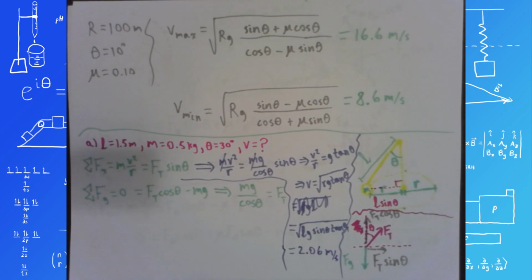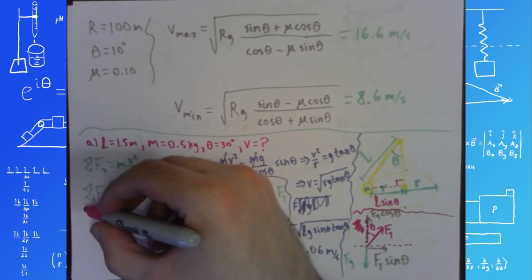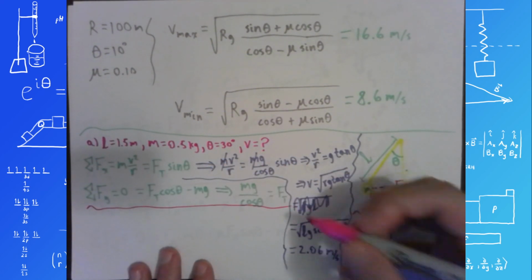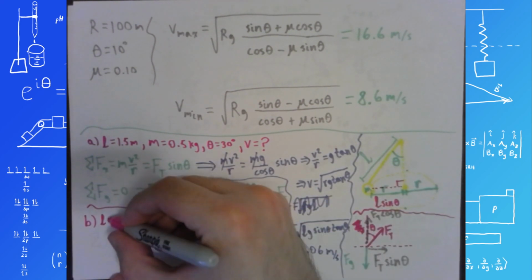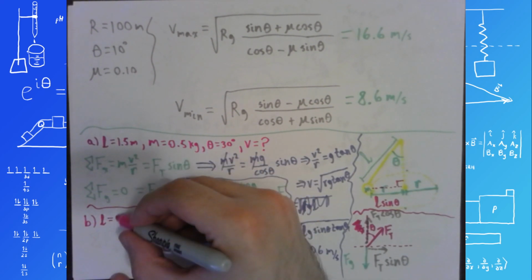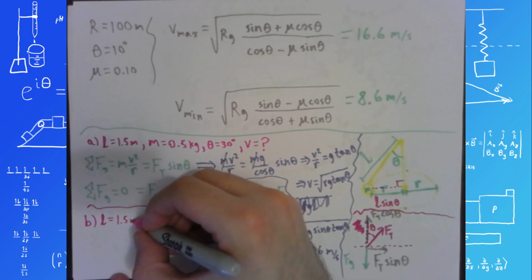For part B, it says if instead the ball is revolved so that its speed is 4 meters per second, what angle does the cord make with the vertical? So now v is known, but theta is unknown. The length of the string, since they didn't mention it changing, must still be 1.5 meters.